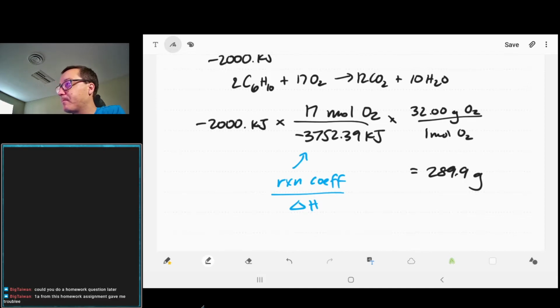Okay, fine, we'll do a little bit of logic with this one. So worst comes to worst, you're out of time, you have no time to do the actual calculation. We can eliminate some of these answers. So we know that oxygen's molar mass is 32, right? At the worst case scenario, this 2000 kilojoules is just about half of the delta H that's given to us.